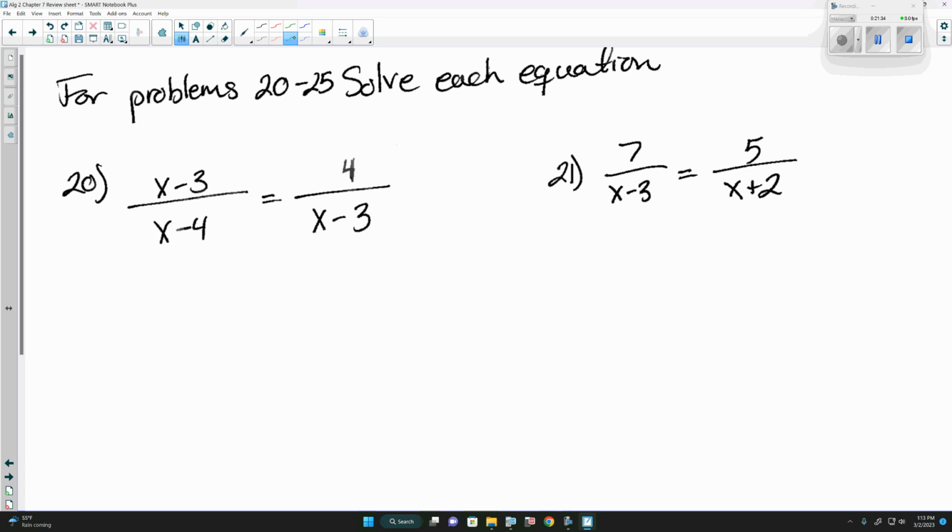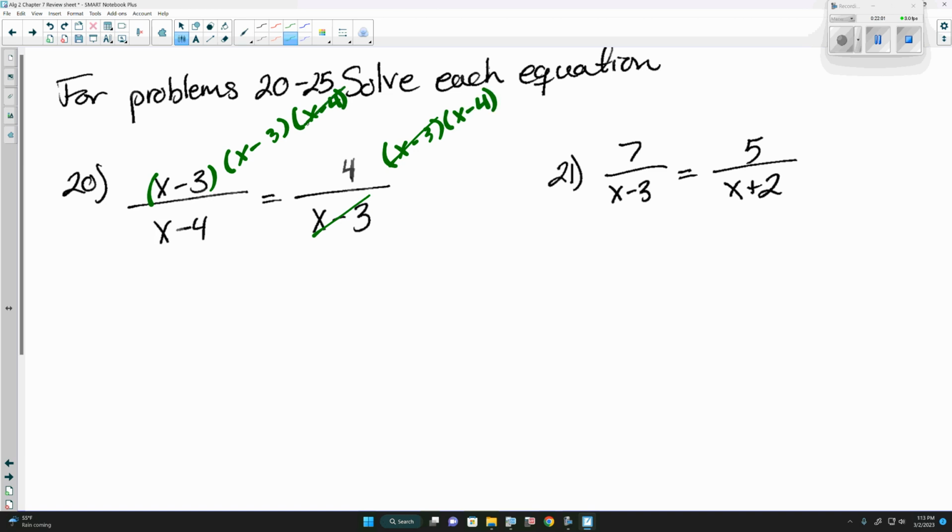And we'll see. But going from there, we're going to multiply everything by an expression to get the denominators to cancel. So one thing I know for sure we can multiply everything by is x minus 3, because it'll make those two cancel. Then the next thing we can multiply everything by is x minus 4.